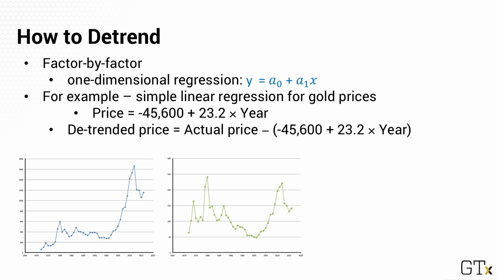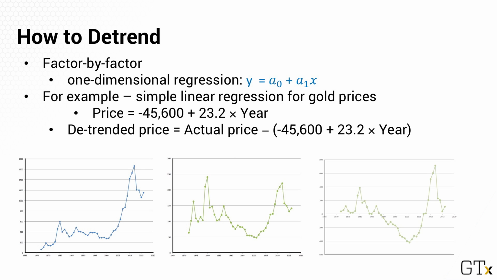Let's see the gold prices again using a linear fit. A simple linear regression gives us the estimate that the price equals negative 45,600 plus 23.2 times the year. To detrend the data, we just subtract the trend line estimate from the real price. So the detrended price is the actual price minus negative 45,600 plus 23.2 times the year.